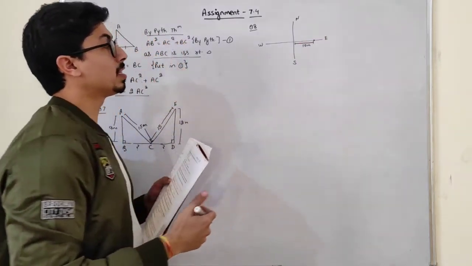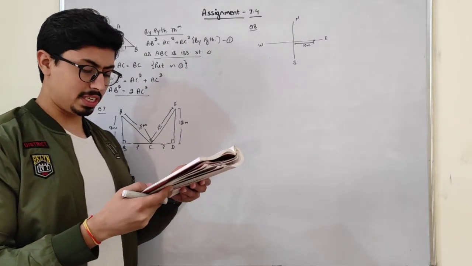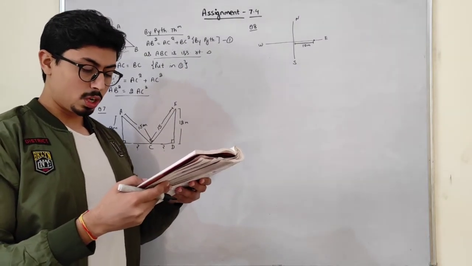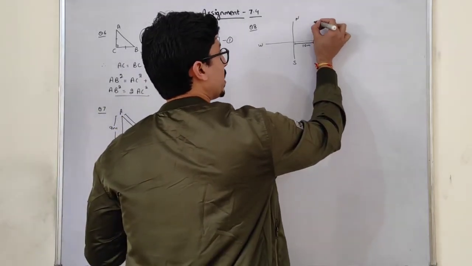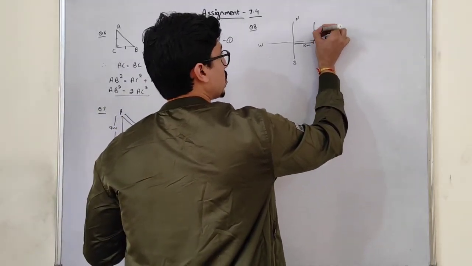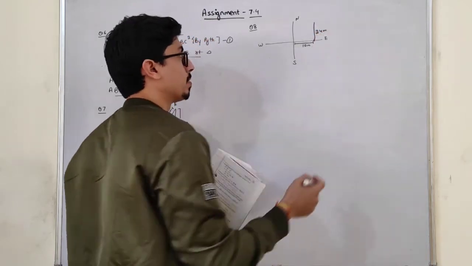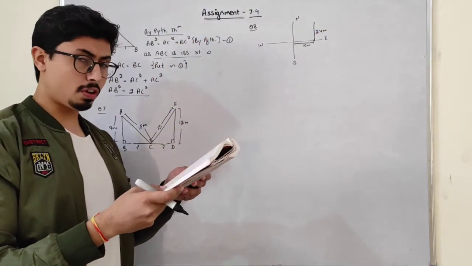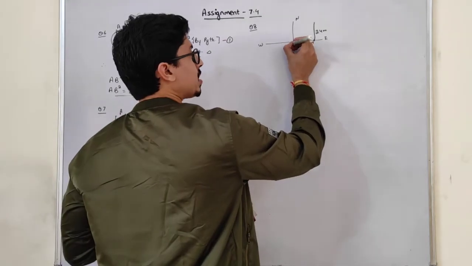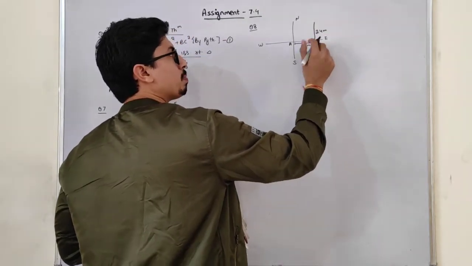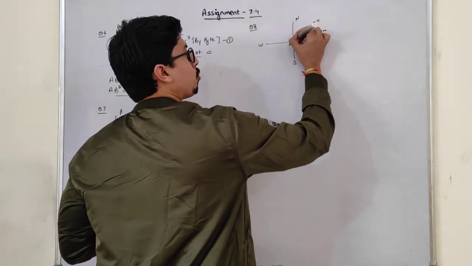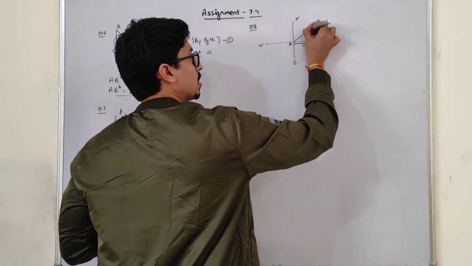Let us assume that the man is here at present and then 24 meter due north. Then he goes from here 24 meter due north. This distance is 24 meter. Find the distance from the starting point. See, he started from here, then he moved to here, and from this point he reached here. Now I have to find out this distance.